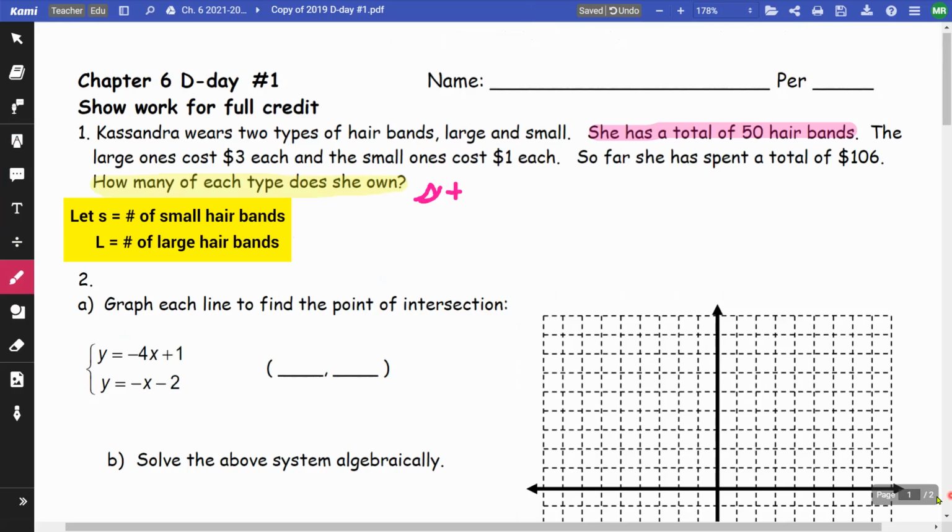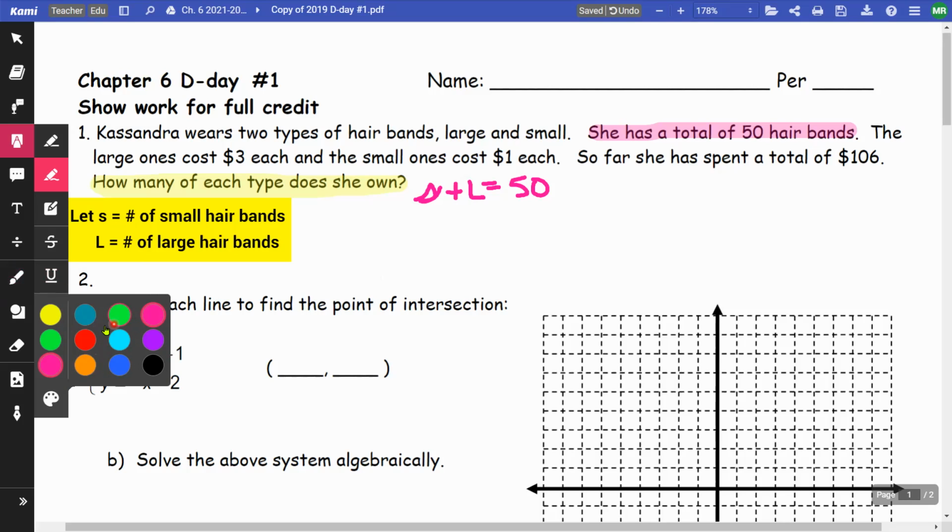S plus L equals 50. Second equation, let's see, the large ones cost $3, the small ones cost $1, and she spent a total of $106.